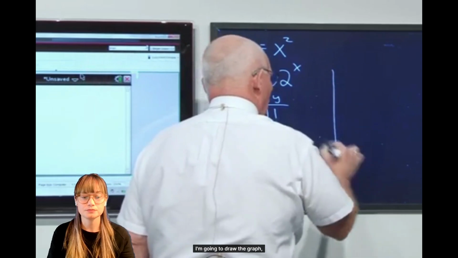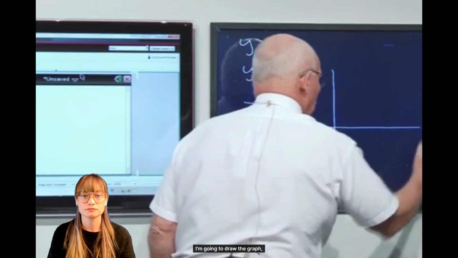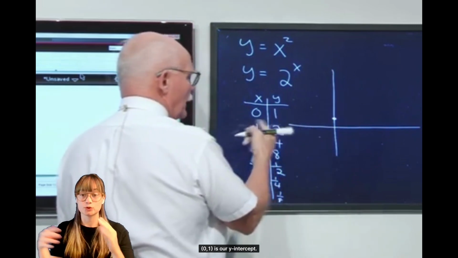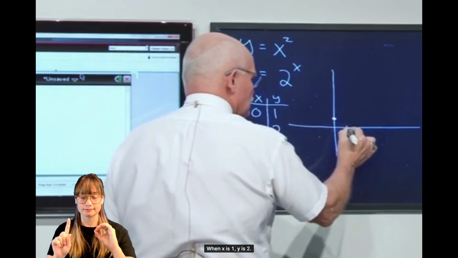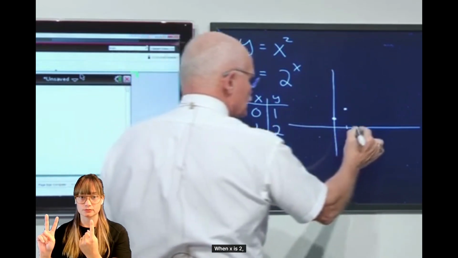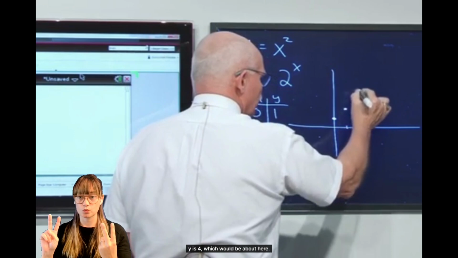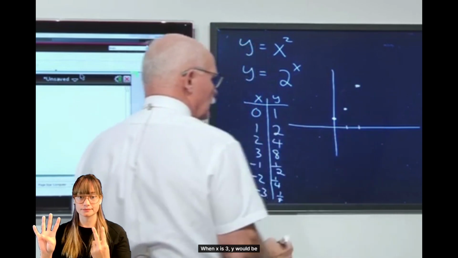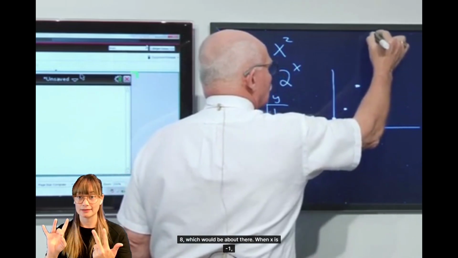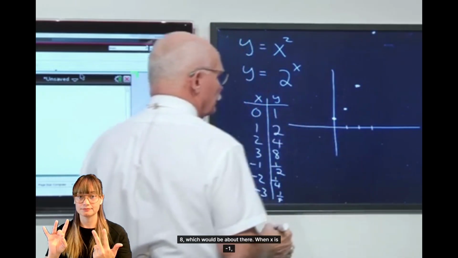So I'm going to draw the graph. 0, 1 is our y-intercept. When x is 1, y is 2. When x is 2, y is 4, which would be about here. When x is 3, y would be 8, which would be about there.